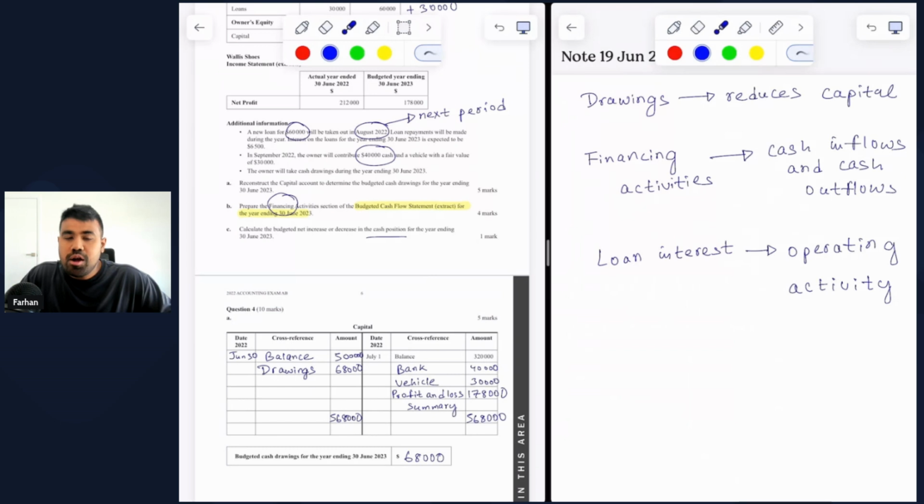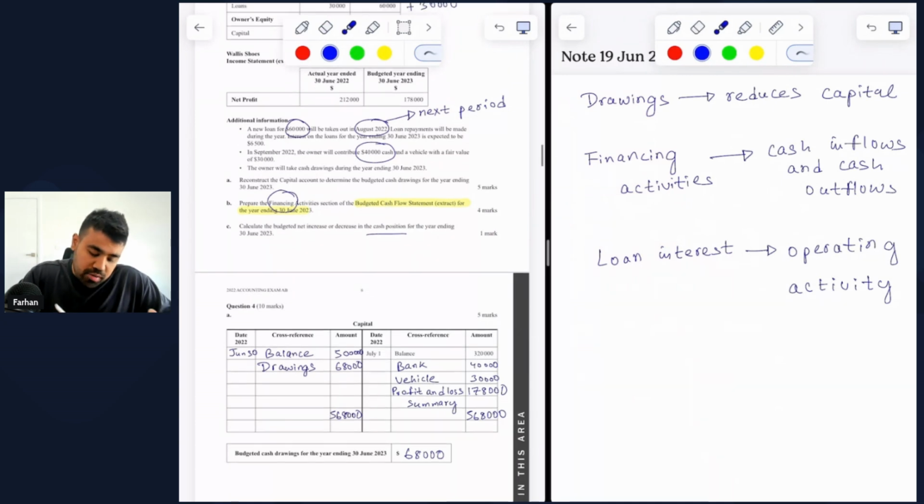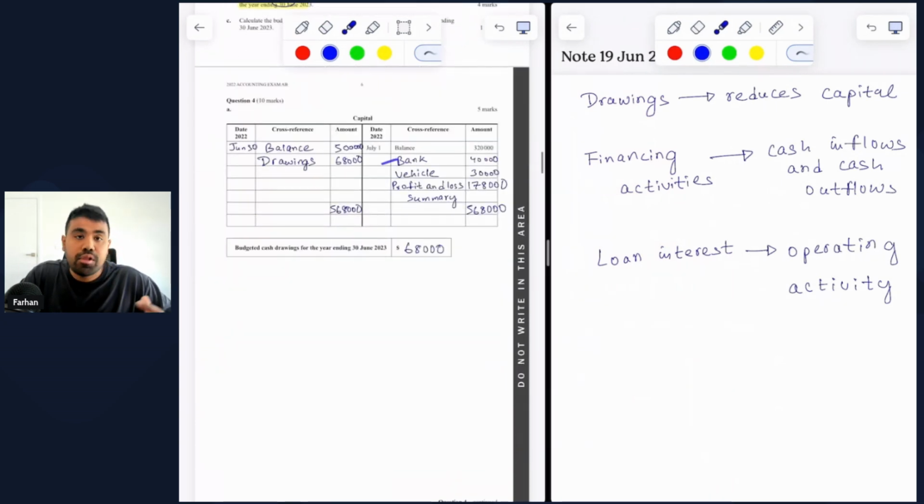So what's happening here? The owner is injecting capital into the business, which is coming directly into the bank, and that refers to a reinvestment, which therefore increases the capital, and that is why it is included on the credit side of the capital ledger account as bank $40,000.